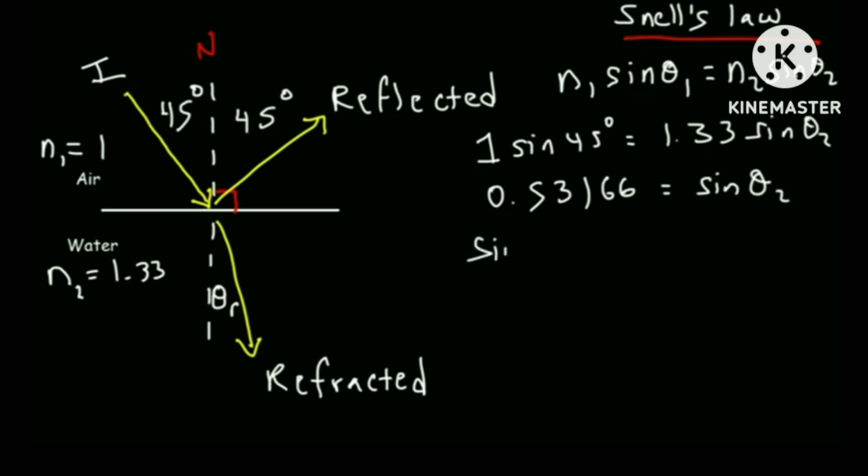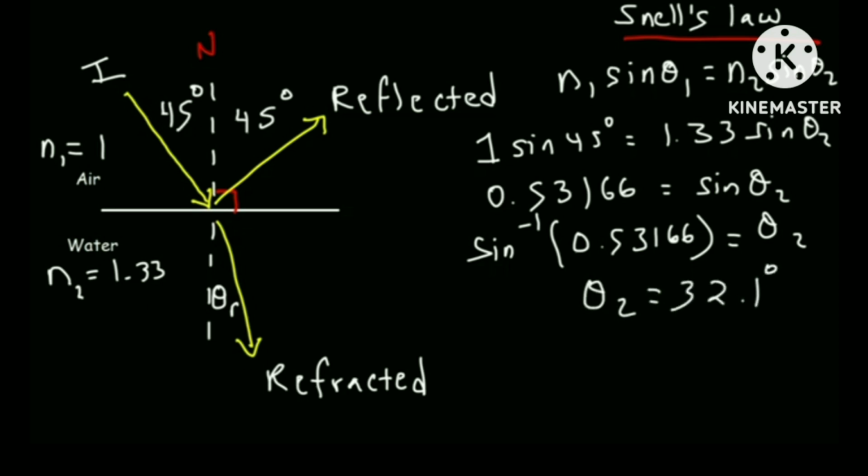Now, in order to calculate that angle, we need to use the arc sine or the inverse sine function. And that will give us theta 2, which is the angle of refraction. So if you type in arc sine 0.53166, it'll give you an angle of 32.1 degrees.